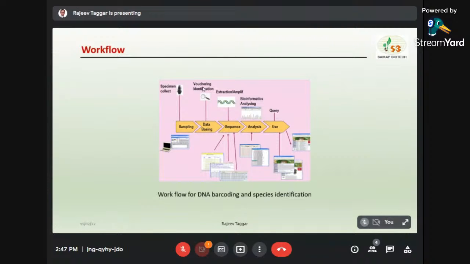It helps us in identification, but many times we need a secondary criterion to narrow down our identification. Whenever there's a conflict between 2 or 3 different identifications, vouchering can help. This plant came from this habitat, so it cannot be this, and this information can be quite handy. So we need to do the vouchering.